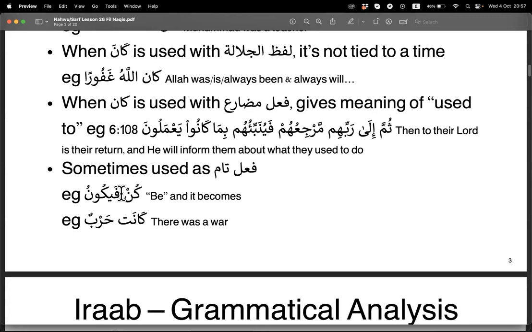There is no khabar here. So this is a fi'il tam. Here it is just fi'il amr, and anta is fa'il.